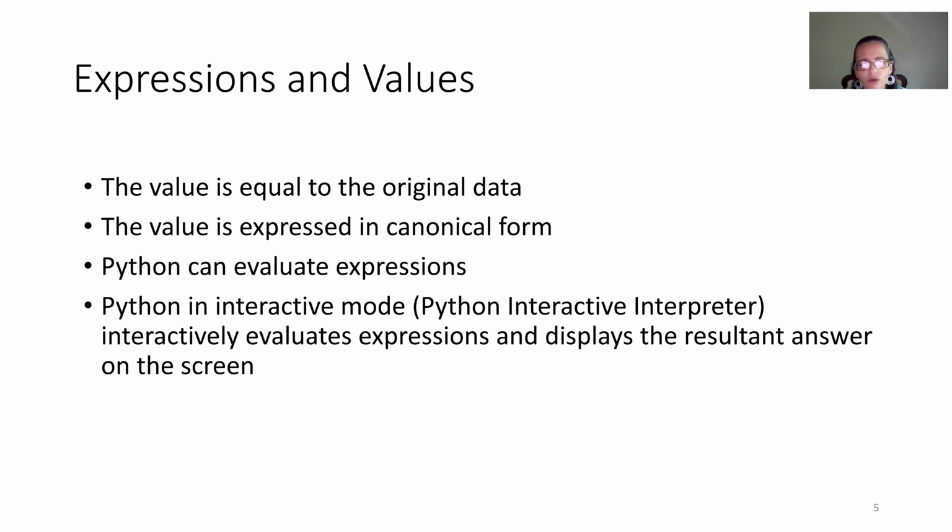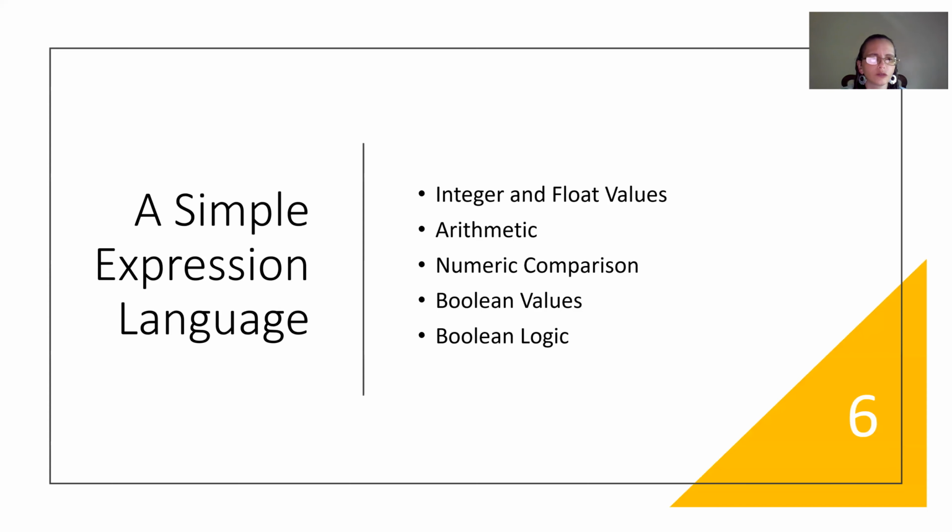So what Python will do is express it in the canonical, otherwise known as simplest form, so that we all come up with the common answer. Python can evaluate expressions, which makes it very useful for carrying out math calculations. Python in the interactive mode, or the Python interactive interpreter, will interactively evaluate expressions and display the resultant answer on the screen, which is what we have seen Python doing just now.